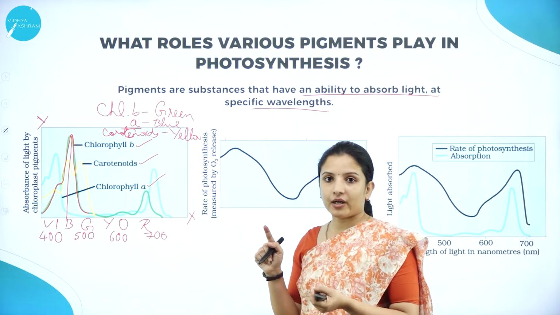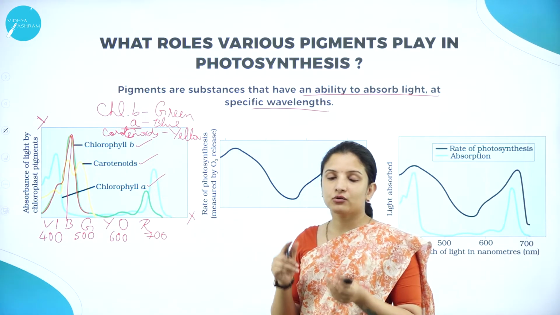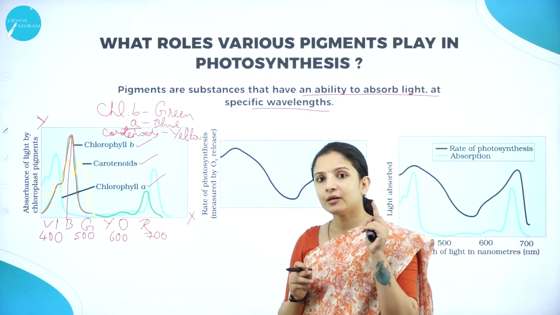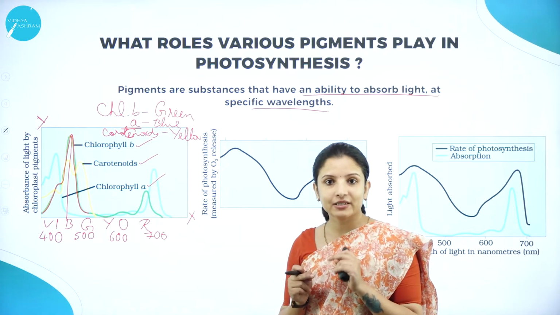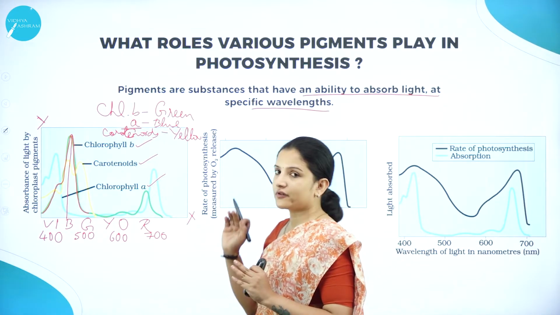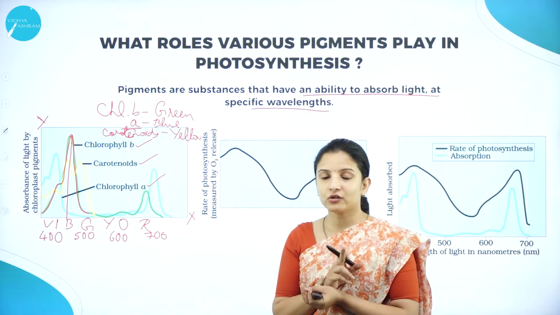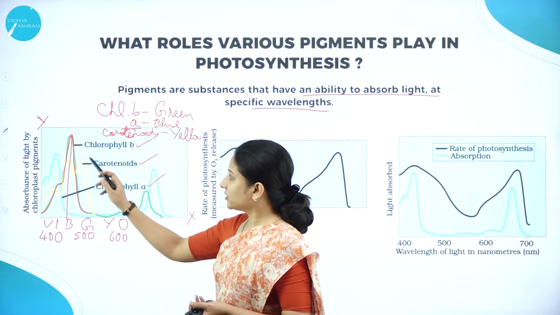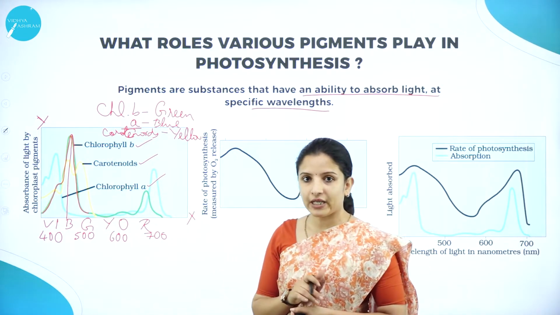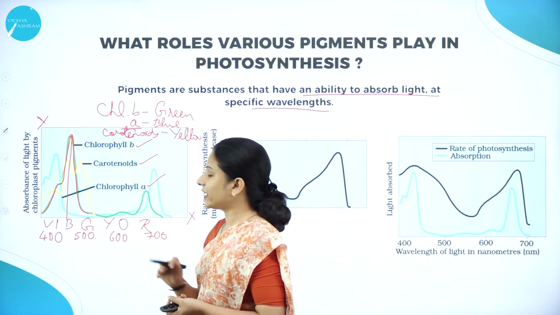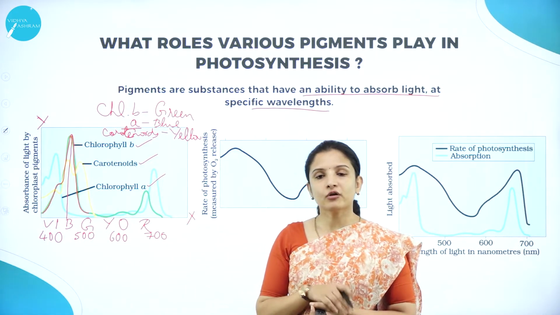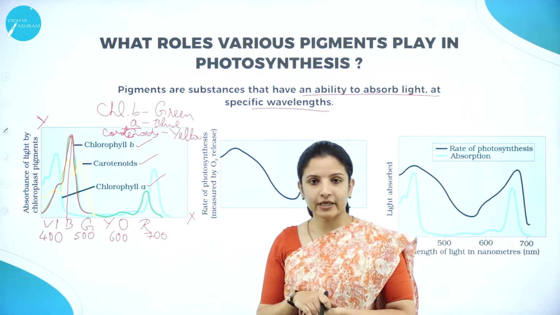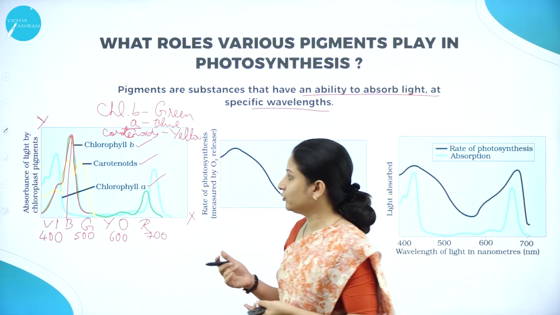Chlorophyll B pigment has the ability to absorb blue light at the maximum. And we all know that blue light also increases the rate of photosynthesis, right? So the function of the chlorophyll B pigment is to absorb light of wavelength between 400 to 500 nanometer, or 480 nanometer, which is nothing but blue light.